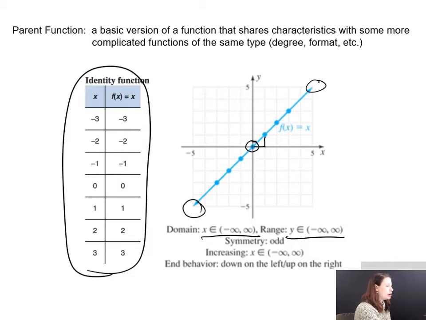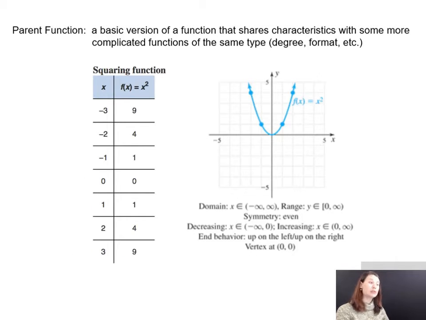Okay, so the next one is the squaring function. That's just x squared. It's a basic quadratic, going through the origin and having a basic up 1 over 1, up 3 over 1 pattern. You're just squaring each input.